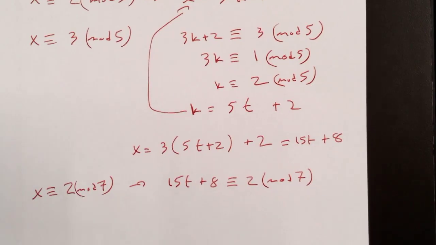But I'm working mod 7. 15 is too big. 8 is too big. What's 15 mod 7? 14 with 1 left over. What's 8 mod 7?